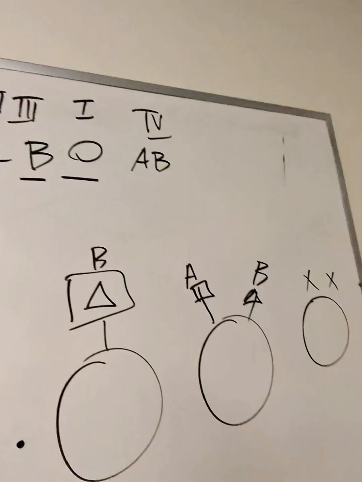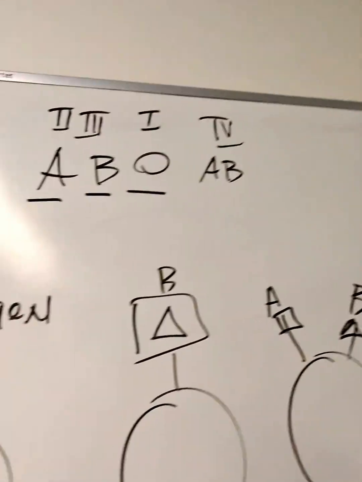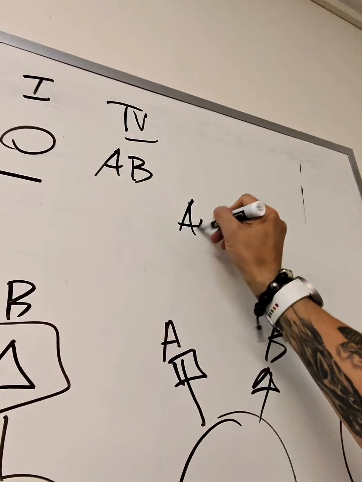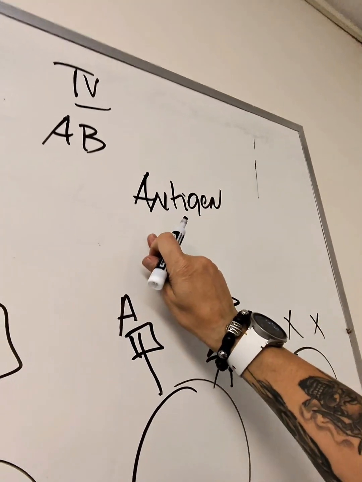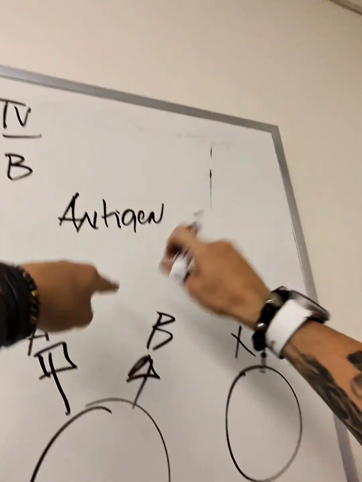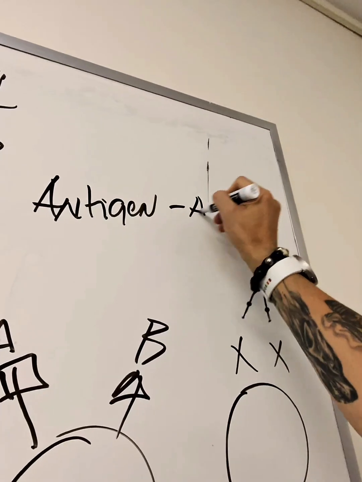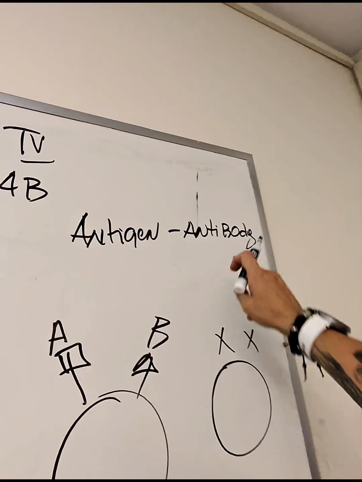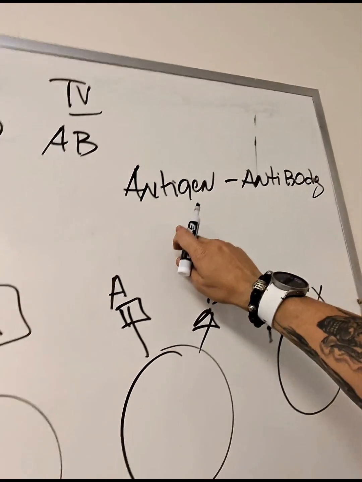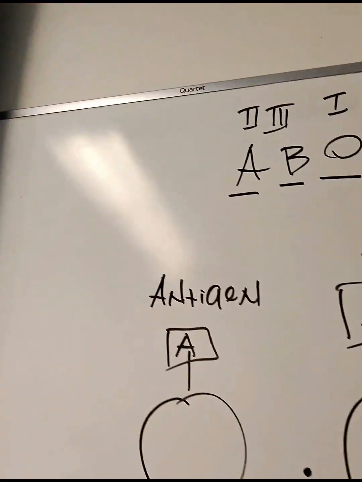But what is an antigen? In human bodies, an antigen is a substance that is able to stimulate the production of antibody. Antibody is something that can attack the pathogen or the virus. Why?